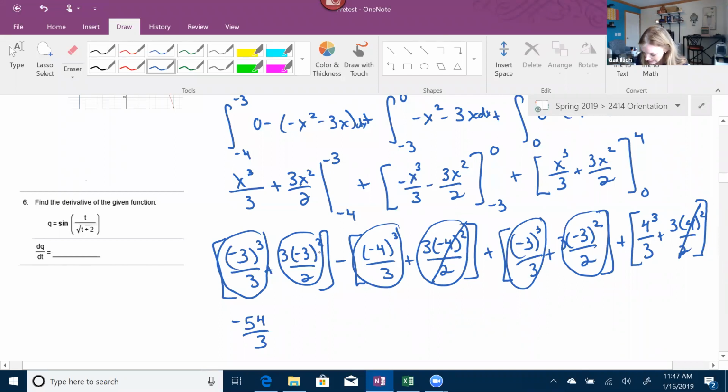So really you have positive 27 there. And then finally we just have this 4 cubed, which is 64. You have 2 of those, so you have 128 thirds.